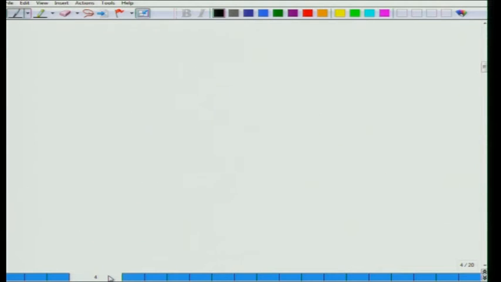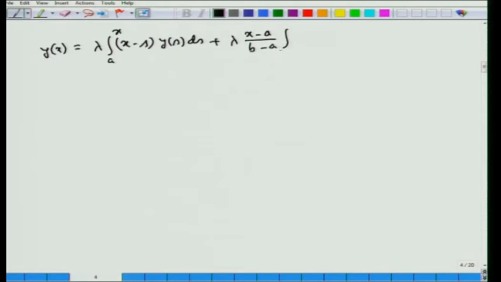Making this rearrangement we can write that y(x) is equal to lambda times the integral from a to x of (x minus s) y(s) ds plus lambda (x minus a) divided by (b minus a) times the integral from a to b of (s minus b) y(s) ds.